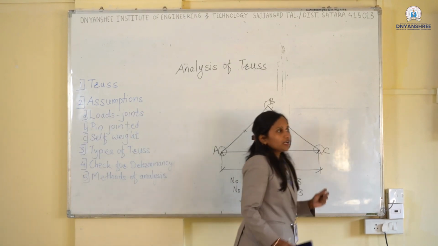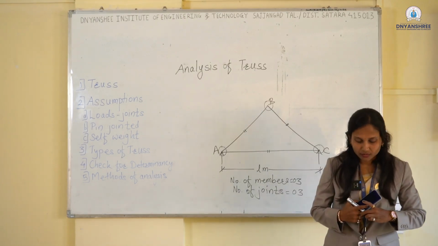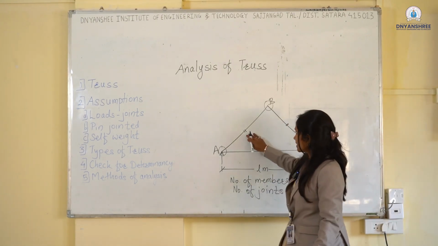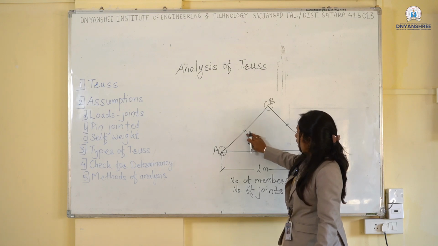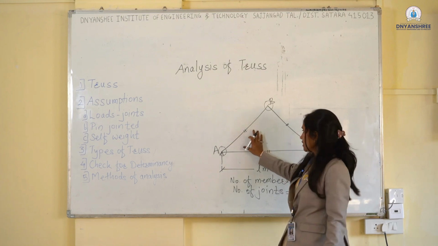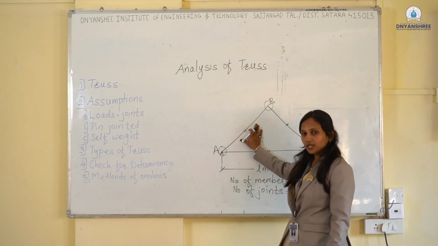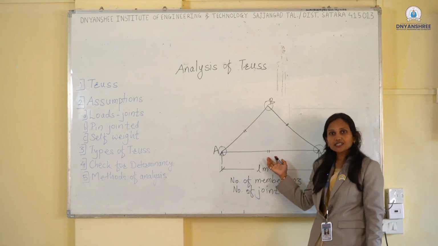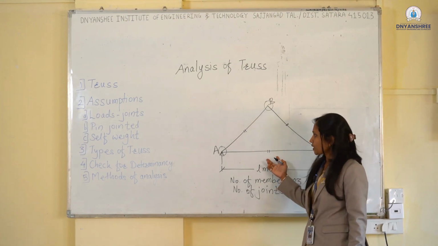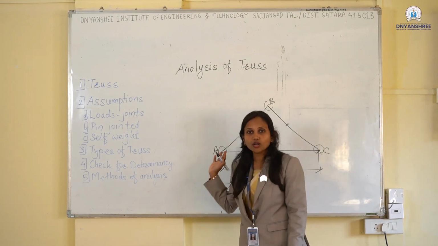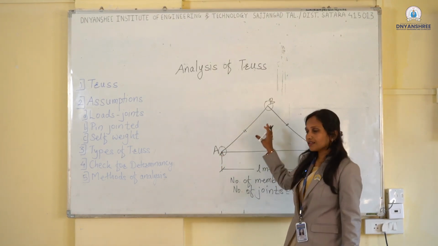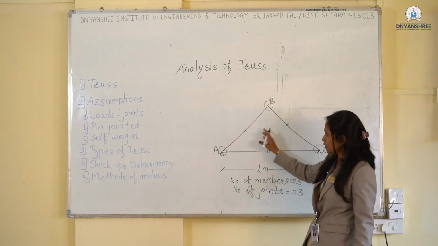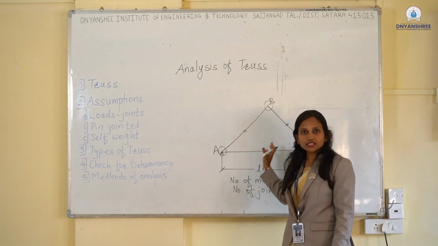Now, what is meant by analysis of a truss? We have to calculate how much force is lying in the member AB, how much force in BC and how much force in the AC member. There are 3 members and we have to calculate the forces in all of these respective members.